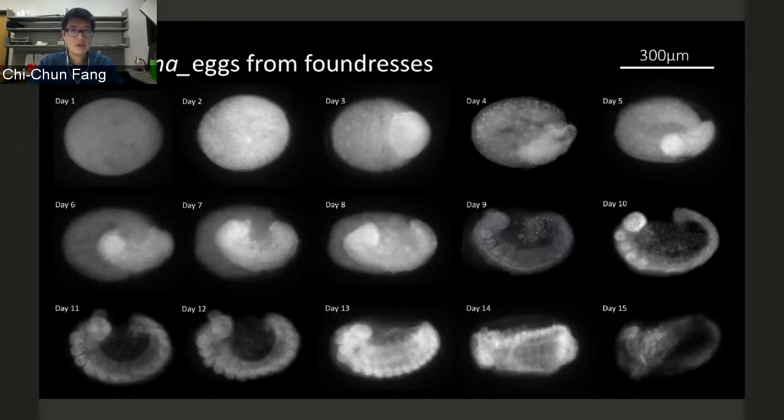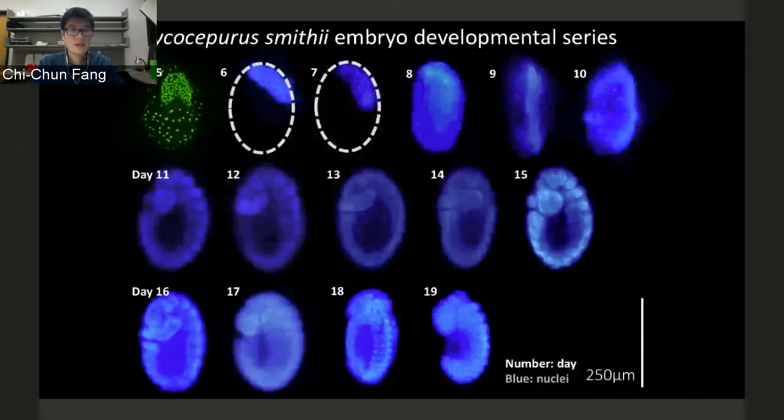How about Microcephalus smithi? It's pretty similar. Sorry, some of the images are kind of foggy. That was the image I took almost 3 years ago, and we are recollecting the data for M. smithi. But on day 5, you can see the heart shape, the future embryo formed, and then the elongation happening, and then segmentation happening, just as same as what you saw from Atta texana.